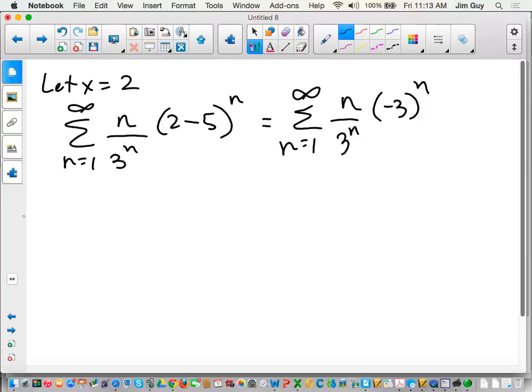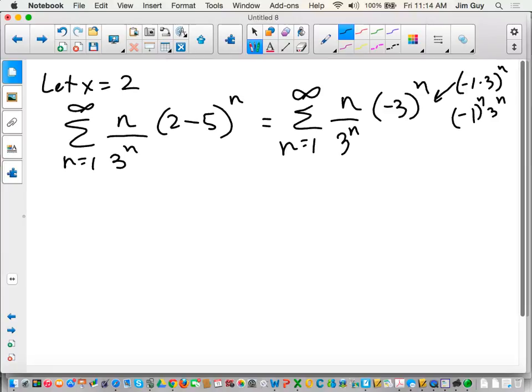Would I ever stop there? No. We know that you don't stop. If you have a negative 3 or any number to the n power, you've got to get that negative 1 out of there. So negative 3 to the n is the same as negative 1 times 3 to the n, which is the same as negative 1 to the n times 3 to the n. Okay, we did that, right?